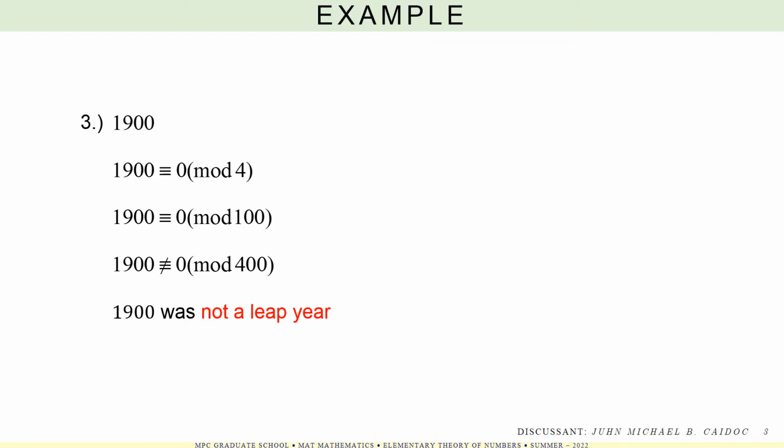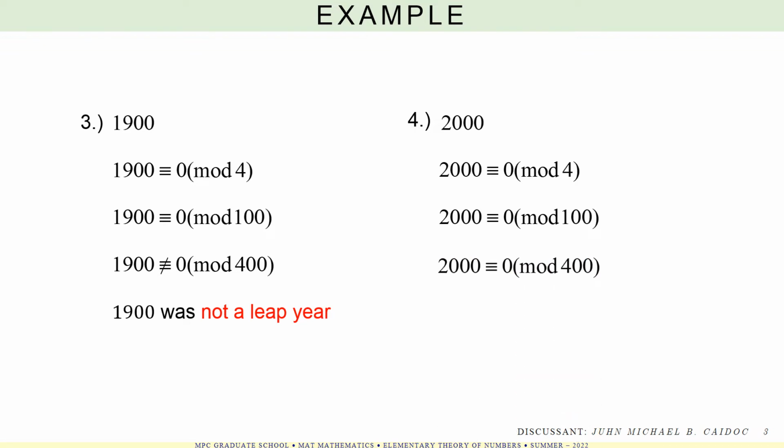So that we can say 1900 was not a leap year. Last example, a year 2000. 2000 is congruent to 0 modulo 4 and 2000 is congruent to 0 modulo 100 and also 2000 is congruent to 0 modulo 400. Therefore, 2000 was a leap year.